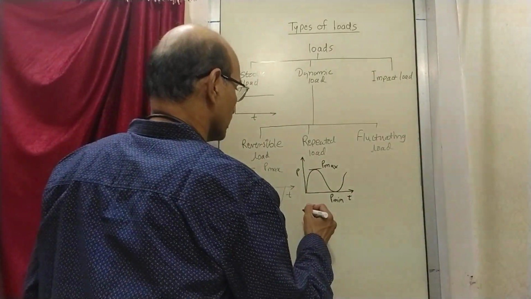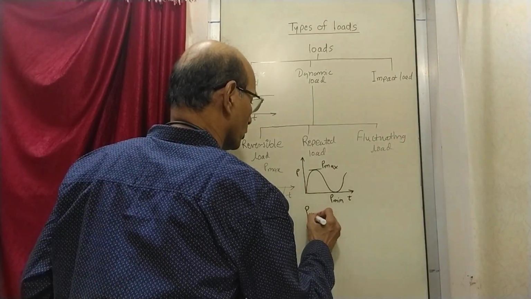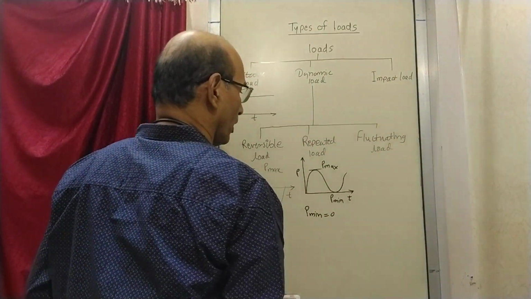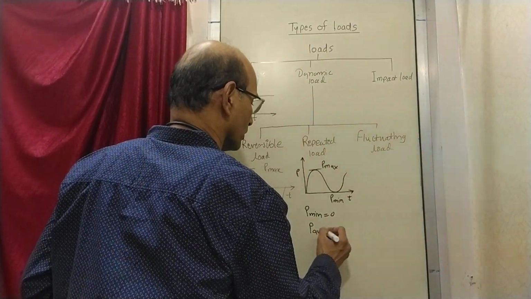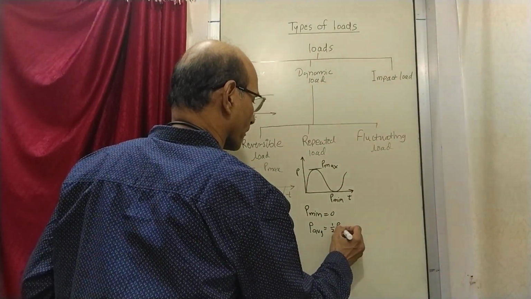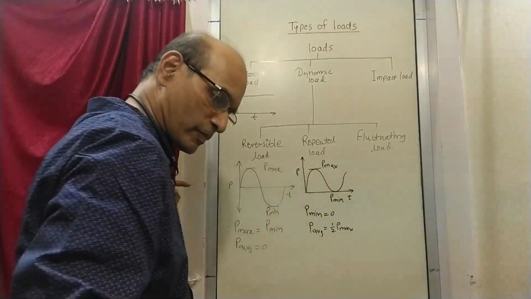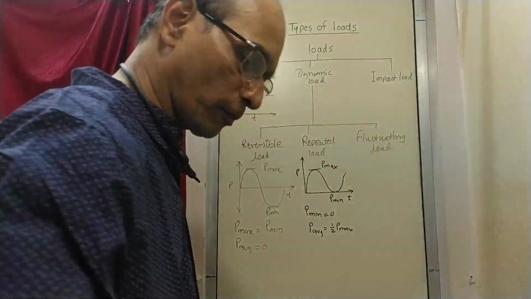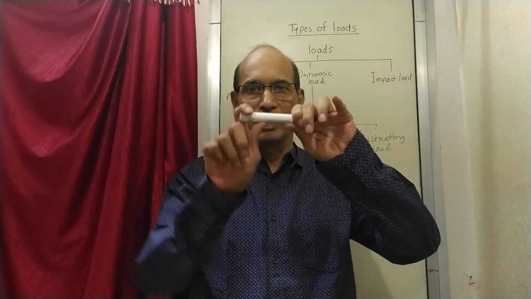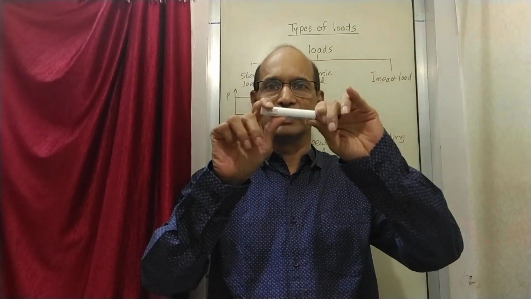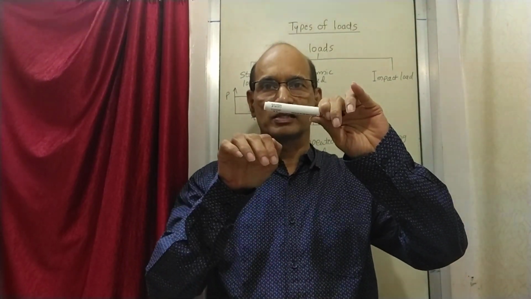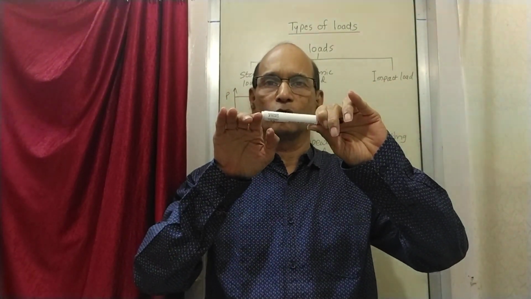So you can say that P minimum here is 0, and P average is half of P max. That means the load is only on one side. Suppose you take one rod, and you are bending it, releasing it, bending, releasing. Only on one side you are bending and releasing it. That means the load is only in one direction or no load. There is no load in the other direction.